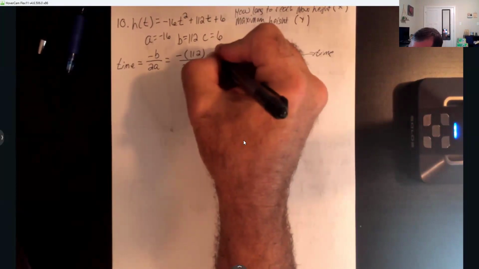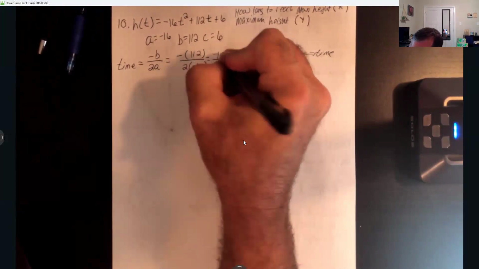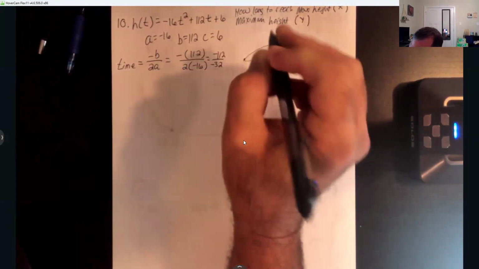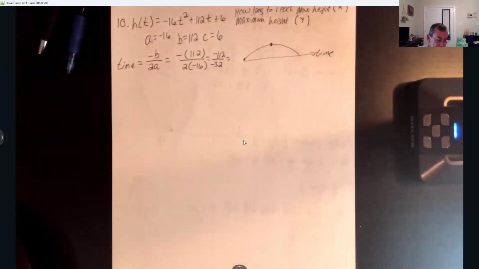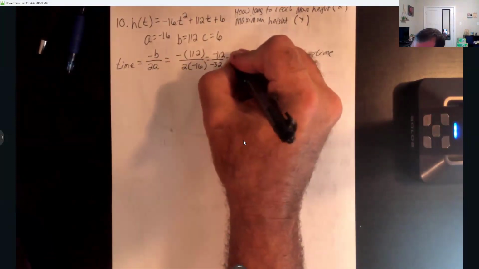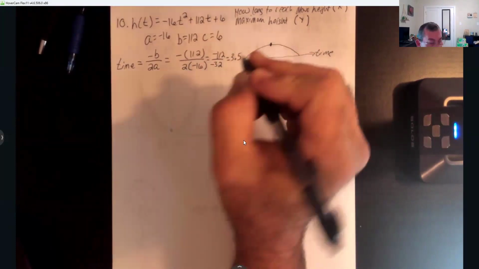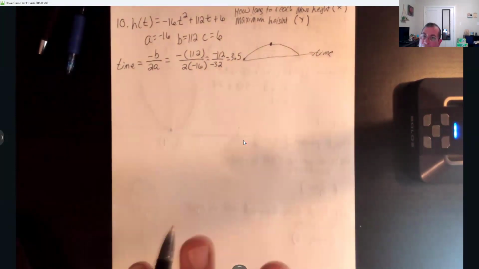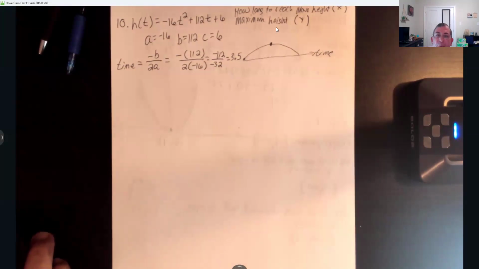So that gives me negative 112 over negative 32. Let me do negative 112 divided by negative 32, and that gives me 3.5. Now, MATLAB's going to let us put in decimals, so let's go put that in real quick.